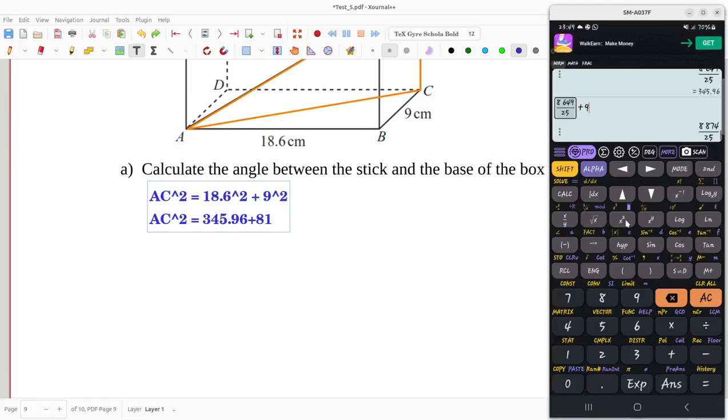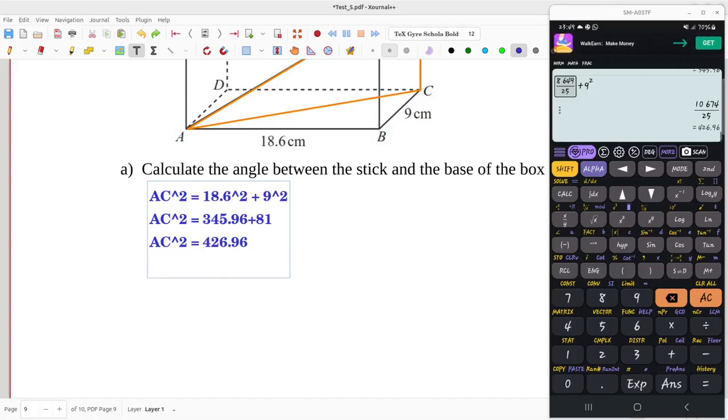We are getting that AC squared is equal to 426.96.